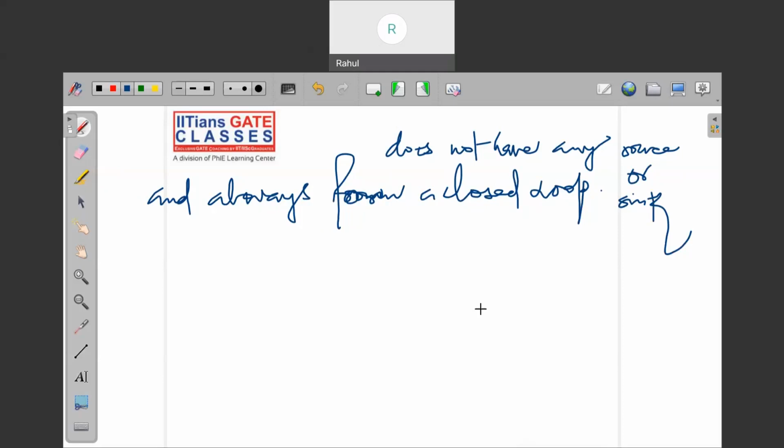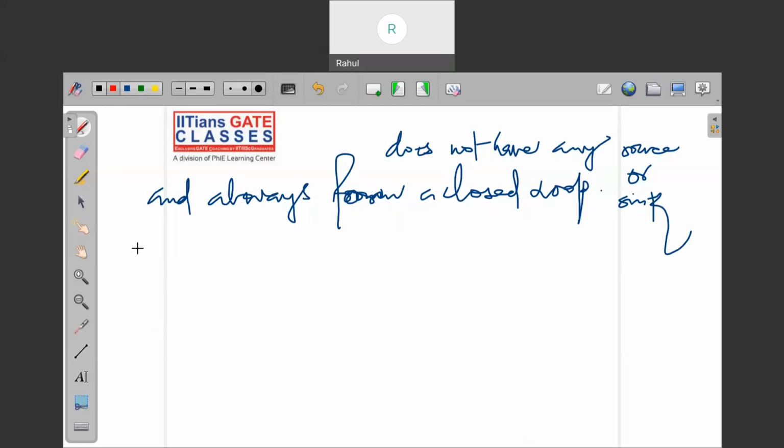Unlike charges, flux lines originate from the positive charge and terminate at negative charges, okay? But in case of a magnetic field, the magnetic flux lines originate from the north and do not terminate at south. It enters from the south and forms a closed path, right? So divergence is going to be 0 there.